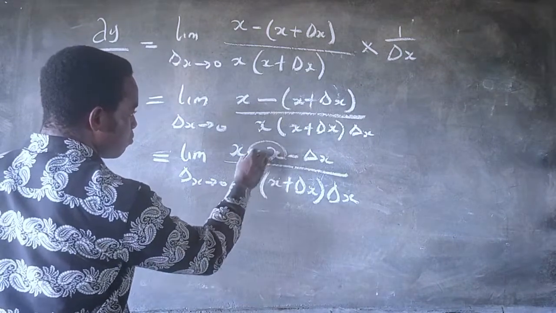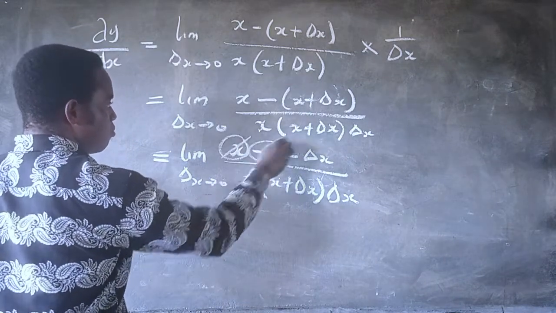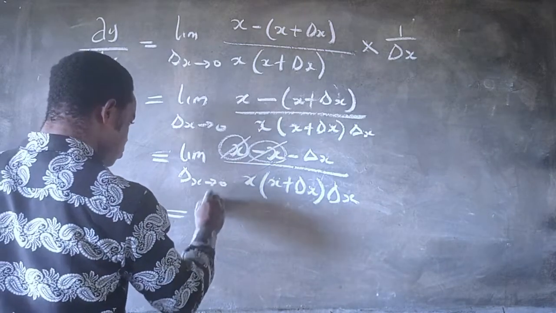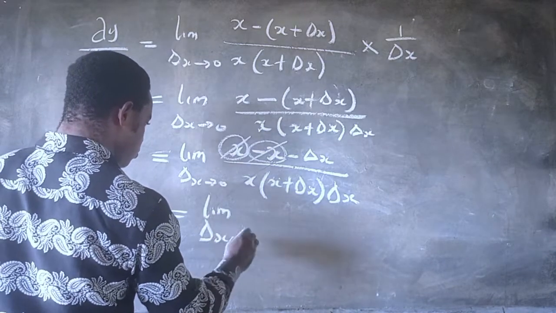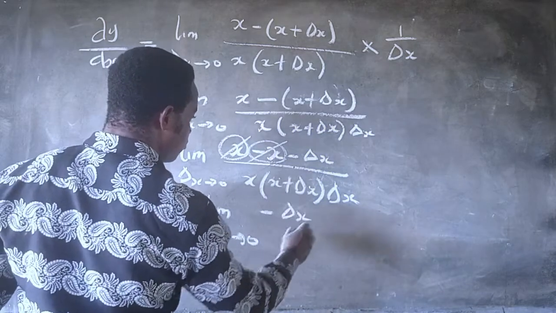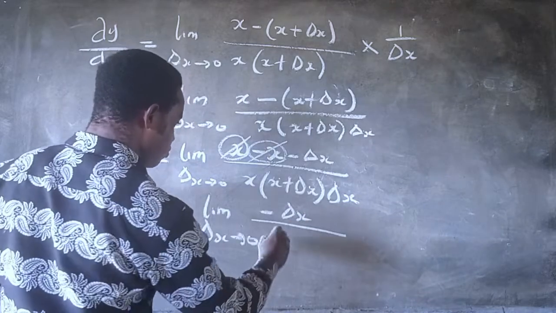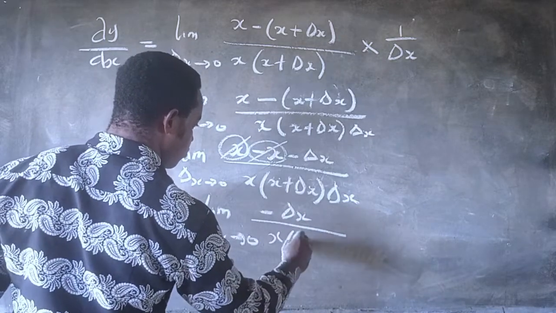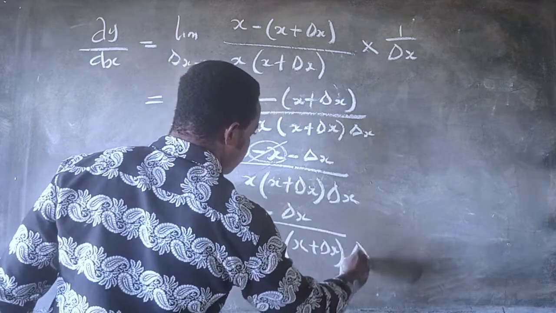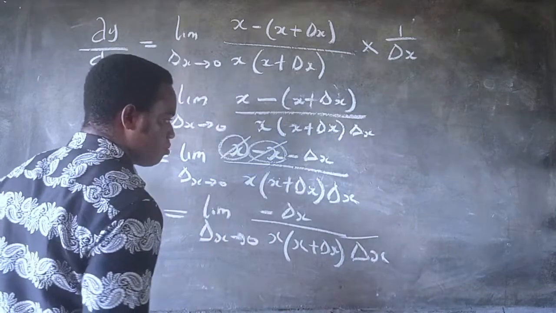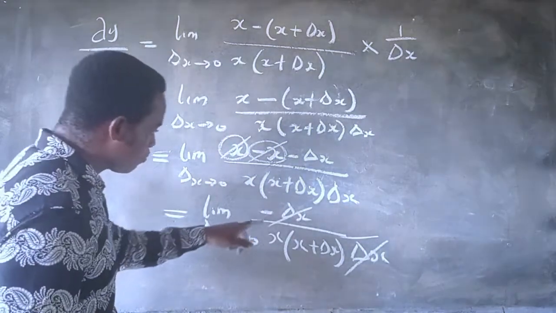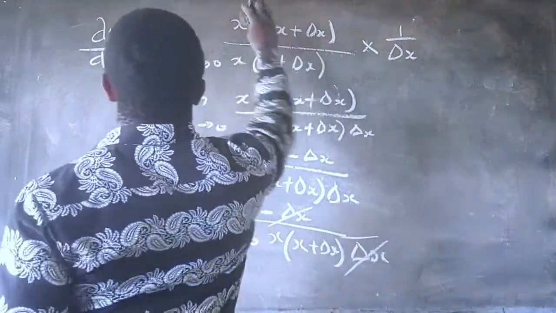If you look here, you'll notice these two cancel each other out. So what do we have left? The limit as delta x approaches 0 of negative delta x all over x into x plus delta x multiplied by delta x. You will notice that this cancels out the delta x we have up here, right? So we have -1 there.